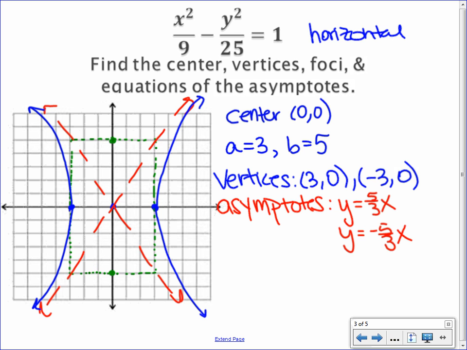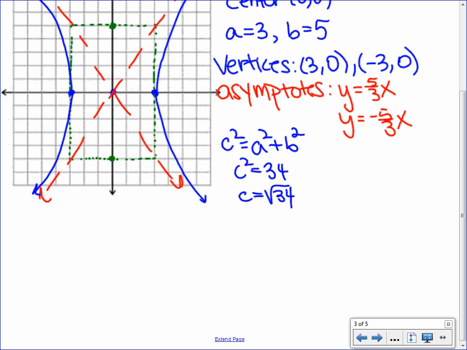So we need our c value. c squared is a squared plus b squared. What's a squared plus b squared? So c is the square root of 34. From our center, we're going to move horizontally.